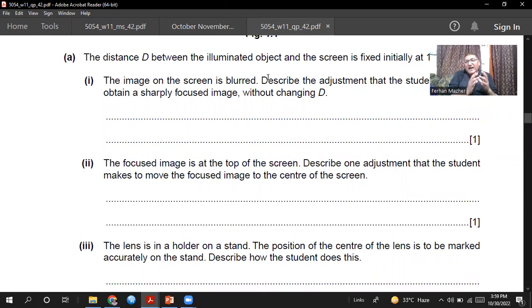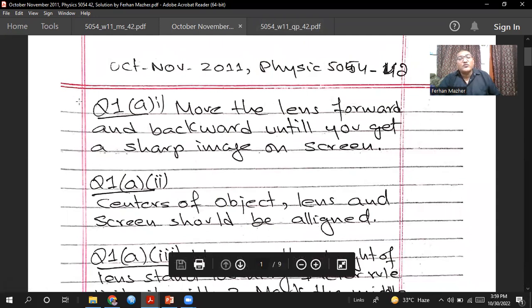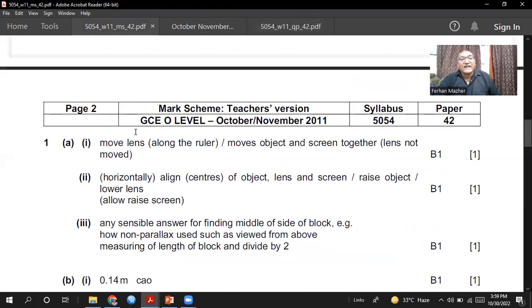When you change the height of the object, the location of the image on the screen will change. Another good method is that you can align the center of the object, the lens, and the screen with each other. Automatically, the image will be in the center. So these are my suggestions. Center of the object, lens, and screen should be aligned. That's a single line answer.